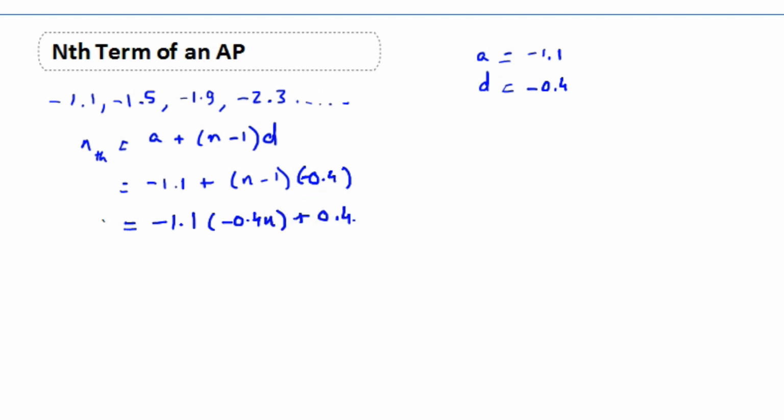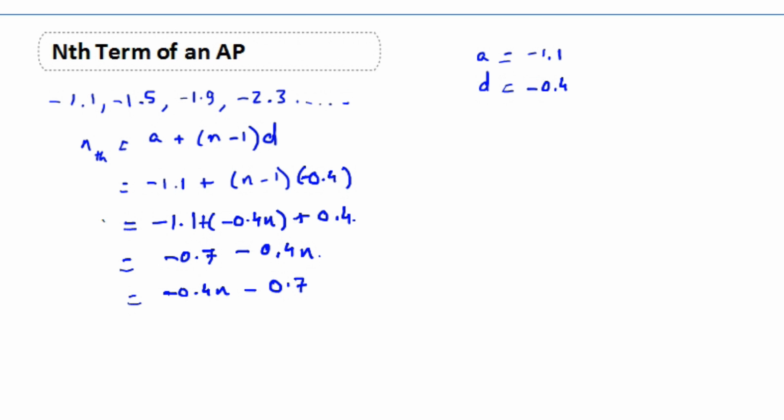Now negative 1.1 plus 0.4 can be simplified as negative 0.7, and instead of this being plus, it will become a minus, so it will be minus 0.4n, or I can say that minus 0.4n minus 0.7 is the nth term of this sequence.